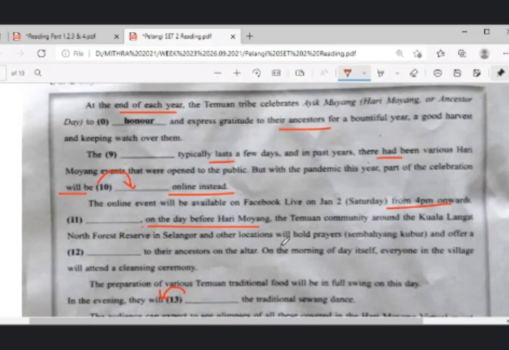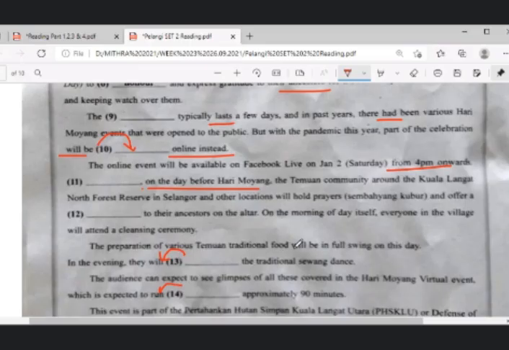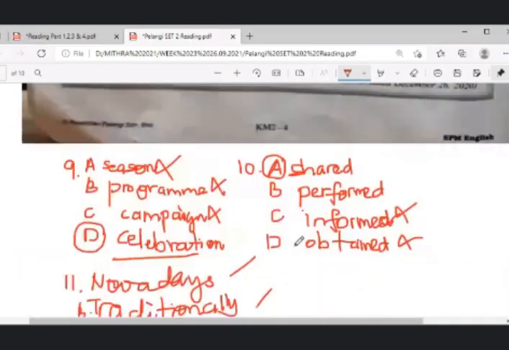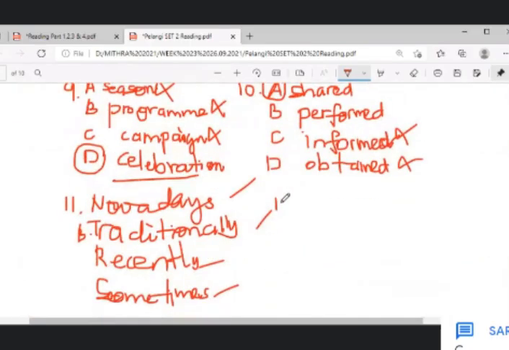Okay, now number 12, what do you think the answer could be? Number 12, all right. Number 12A is party. So they will have a party. Okay, number 12A party.